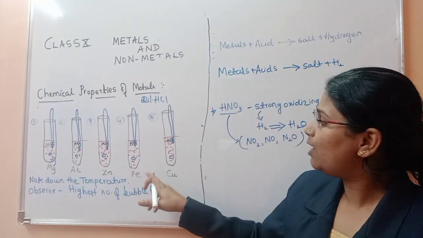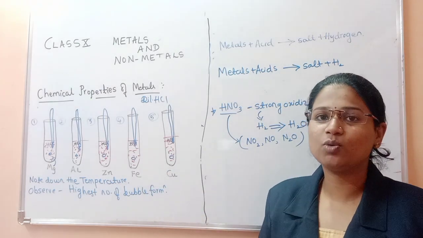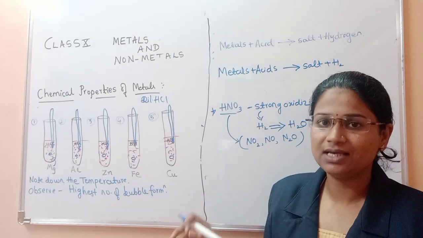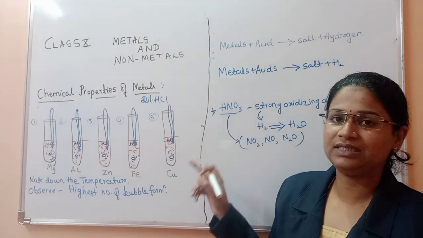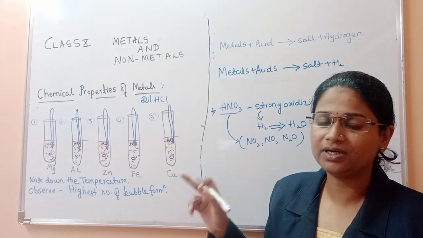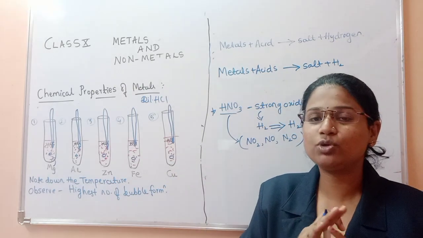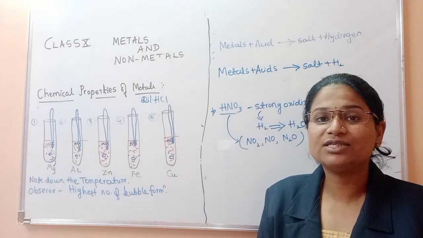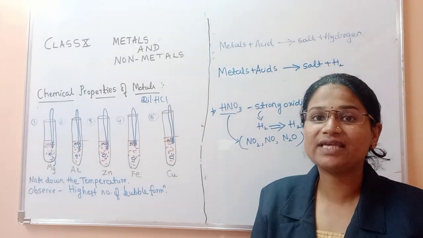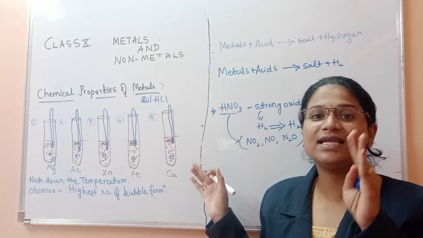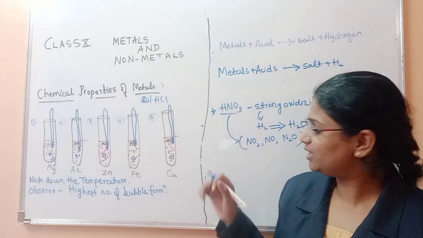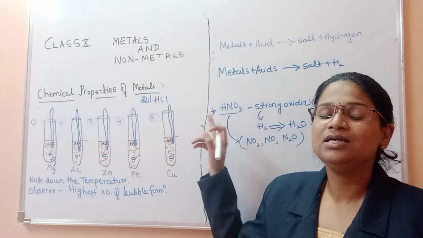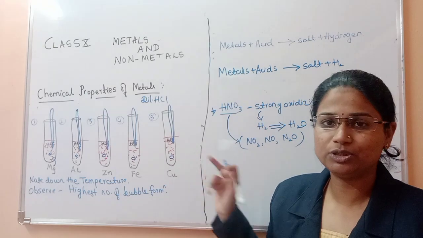Like that, with zinc and iron, you can't see so much increase in temperature, nor many bubbles. In the same way, in the test tube where you added copper, you can't see hydrogen at all, because the reaction of copper with the acid is very weak. It is not so reactive. It is less violent. You can't see the change in temperature or the formation of bubbles.